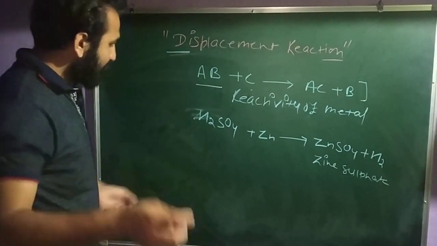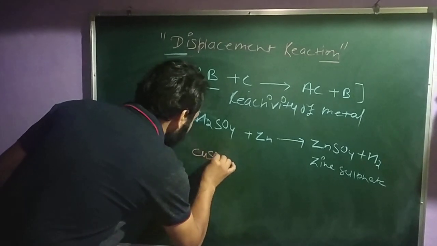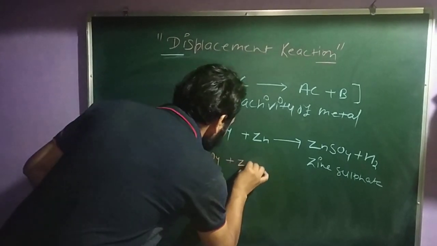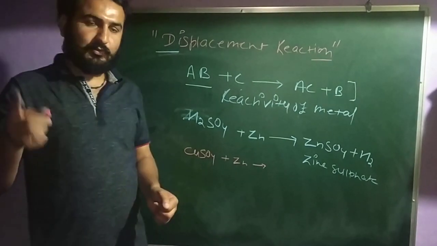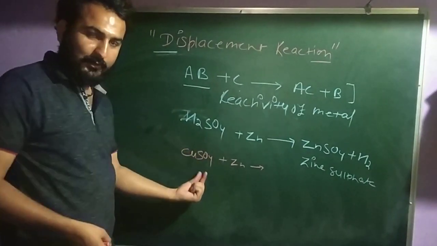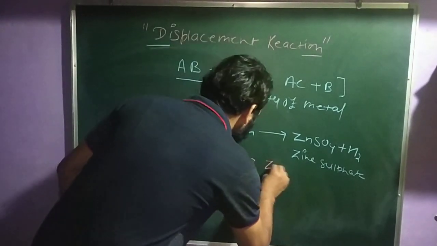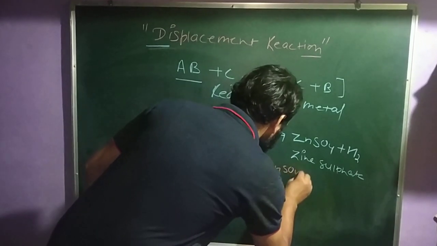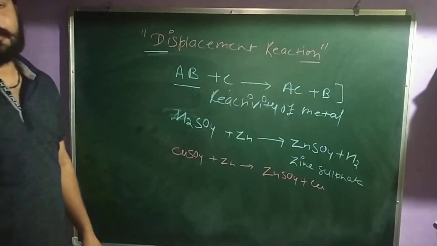Clear? Second example you have: CuSO4 plus Zn. This CuSO4 is copper sulfate, and with the Zn, the product is ZnSO4 plus copper.